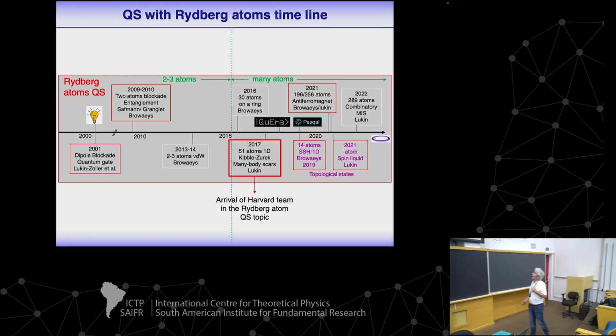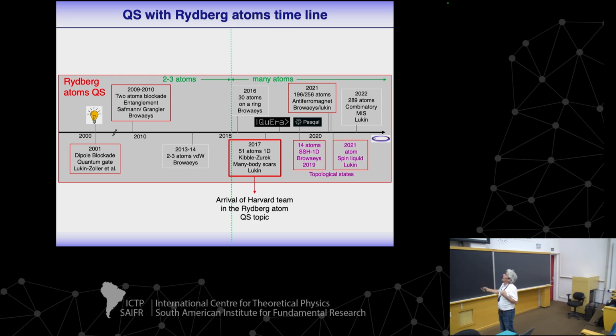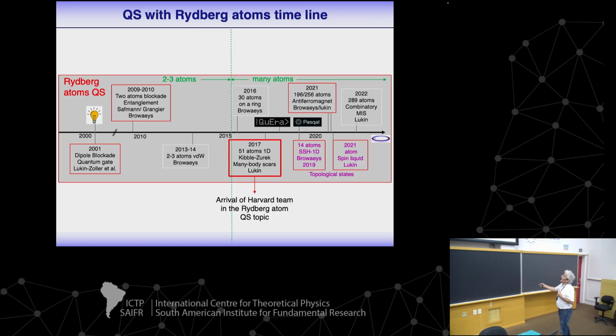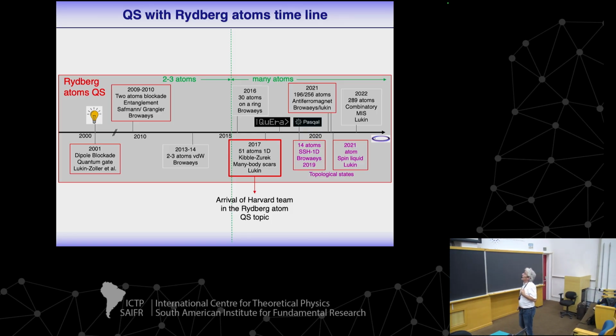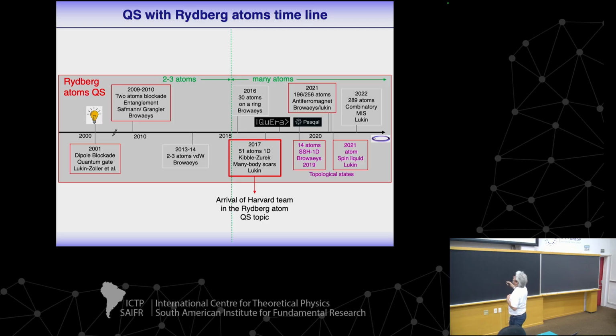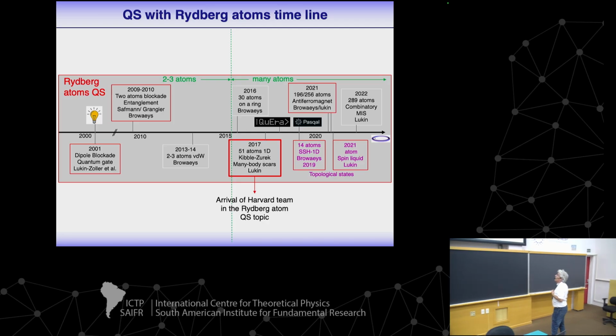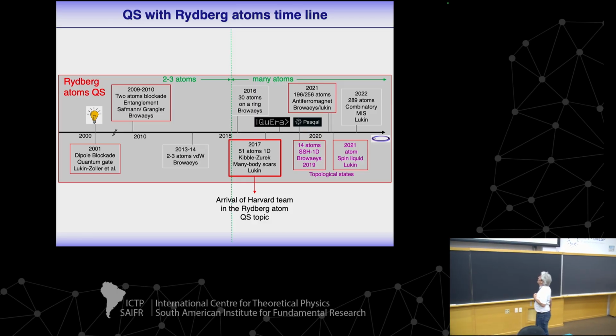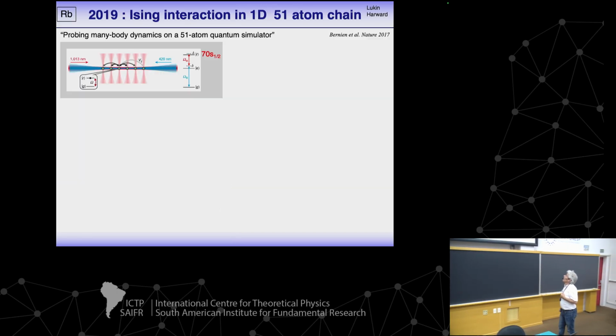And now I describe one of the first experiments where this Hamiltonian was run, in the case of a chain of 51 atoms. Indeed, in parallel, this Hamiltonian was also run in the team of Antoine Browaeys, who performed a 30-atom experiment on a ring. But here I will focus on the work performed at Harvard first.